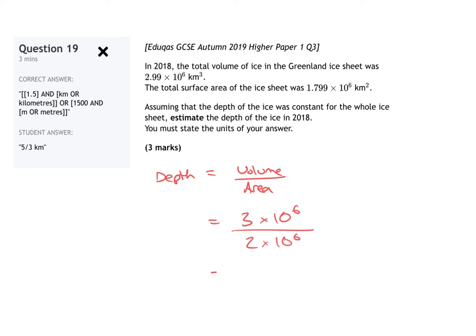And you can see, even without a calculator, that the answer here is going to be 3 divided by 2, which is 1.5. The 10 to the 6s would just cancel. So 1.5 is the answer. You should put kilometers on there, really, but you don't actually have to within this sort of question. But be careful to read the question properly and always look out for that word there, estimate.